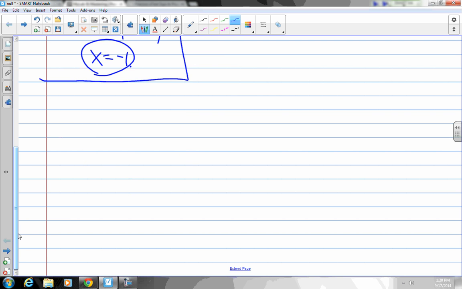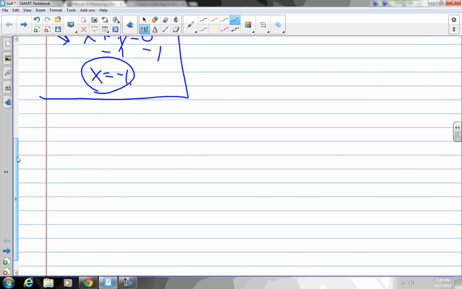Yeah. Now, at the same time, if I give you this equation, x squared minus 1 equals 0, do you know how to solve that equation? Add 1, so x squared equals 1. Square root both sides.